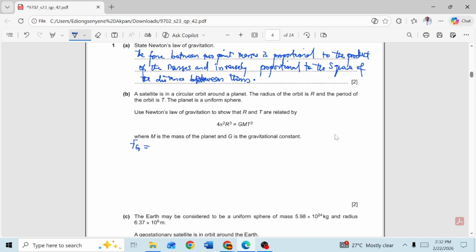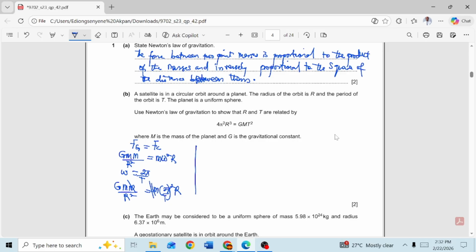In this question, for you to answer that, you have to use the fact that gravitational force is equal to centripetal force. From our definition, gravitational force is GMm over r squared, which will be equal to m omega squared r. So we will change omega to 2 pi over T. This will give us GMm over r squared equal to m times (2 pi over T) squared times r. Let's take the m's out.